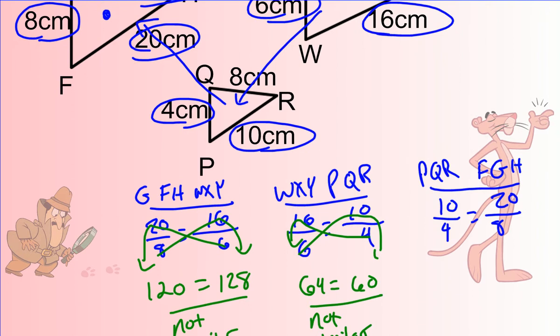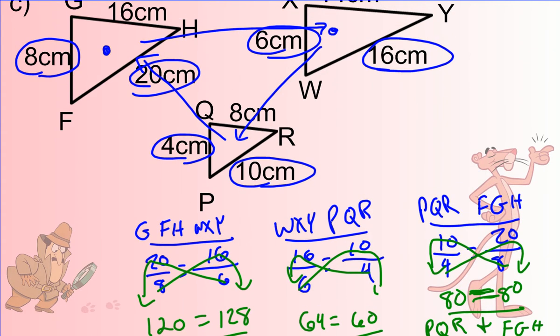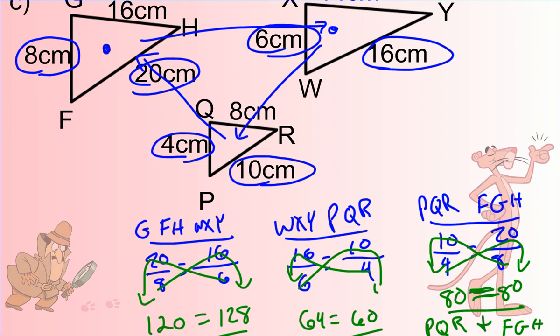Alright, let's cross multiply here. 8 times 10 is 80. 4 times 20 is 80. Yes, we found it. Those two triangles are similar because their sides are in proportion. Because the sides are in proportion, they are similar.